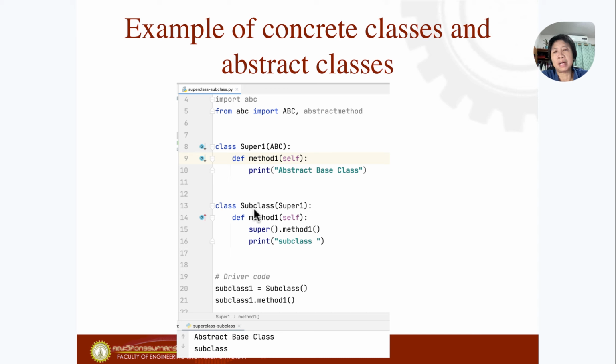And here in the subclass of super one, we have method one, and we reuse it by calling super dot method one and then printing subclass. And here we can create the subclass object and also call the method one of the subclass.